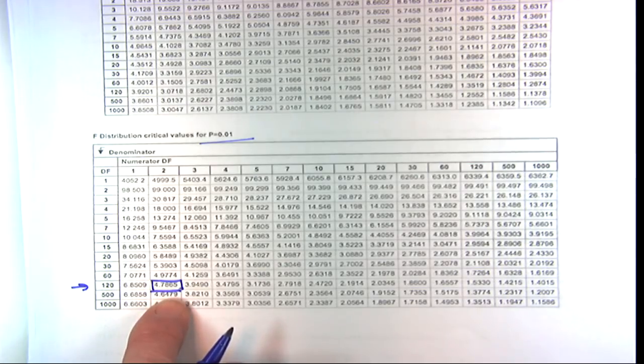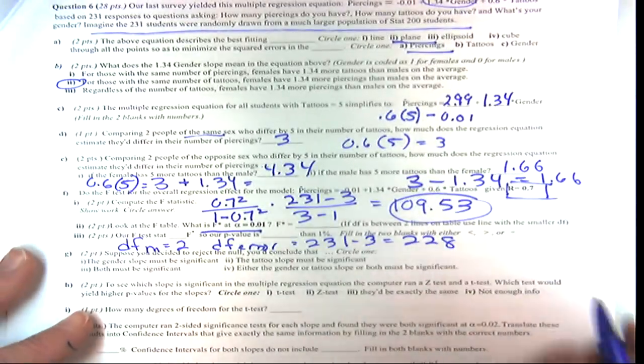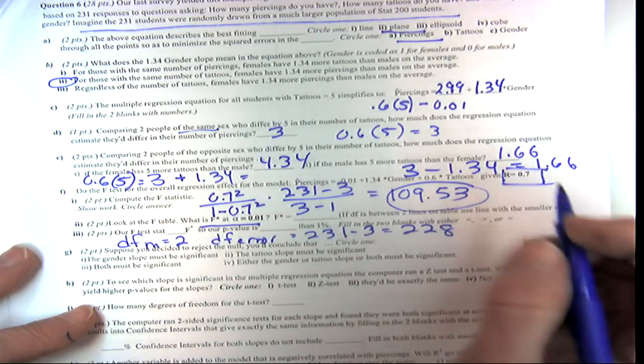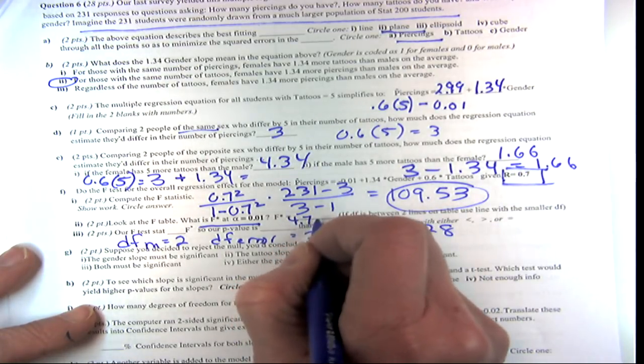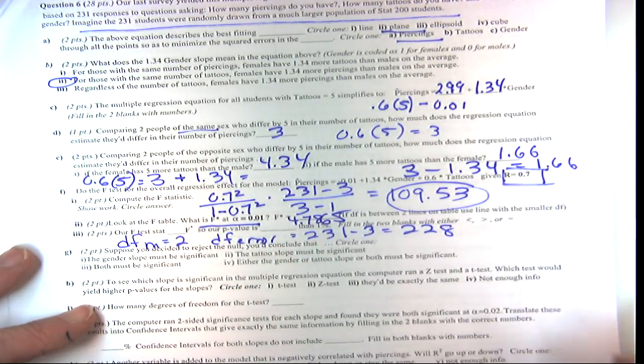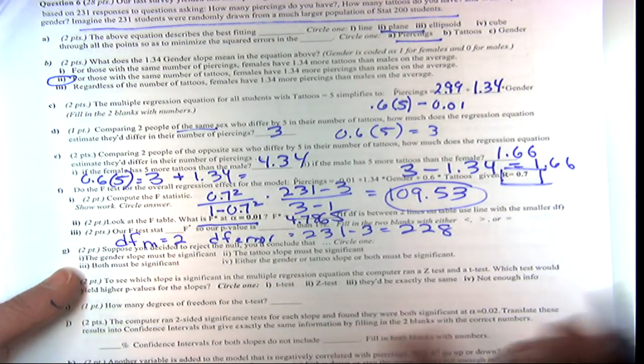So I direct you to do that. Use the line with the smaller degrees of freedom. All right, so it's 4.7865. So that's where we got it. 4.7865.